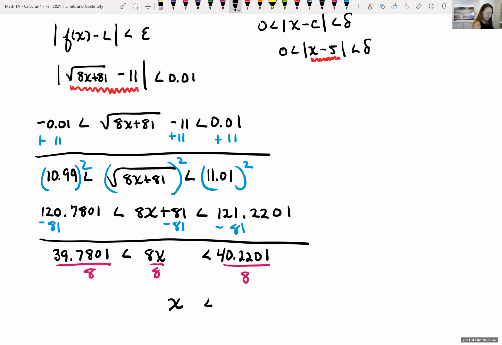And so dividing that answer by 8, I get 5.0275125. And 39.7801 divided by 8 would give me on the left-hand side 4.9725125.